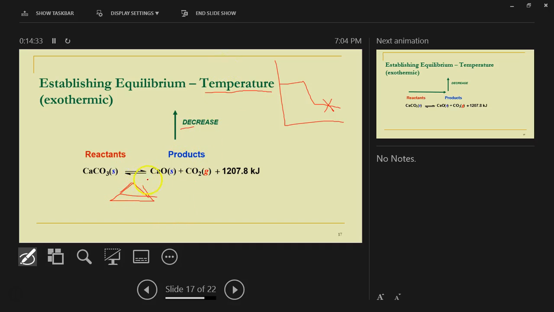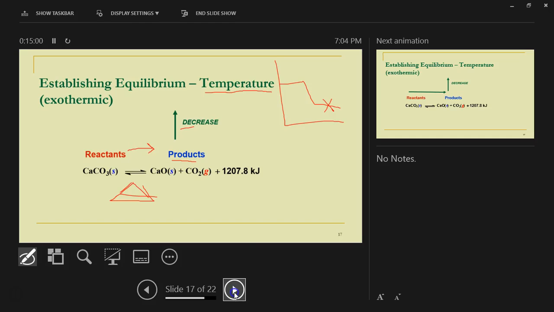You go to the reaction arrows and you go toward a decrease. Which way did you write this arrow? To the right. And what's the arrow pointing to? The products. So this reaction with a decrease in temperature is going to shift to the right in favor of the products.